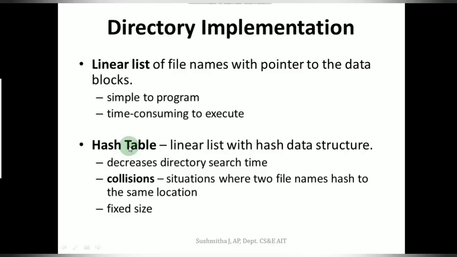It takes the value that is computed from the file name. For every file name, a hash function is applied, which returns a value. Now this value is stored in the hash table, and it also returns a pointer to the file name in the linear list.